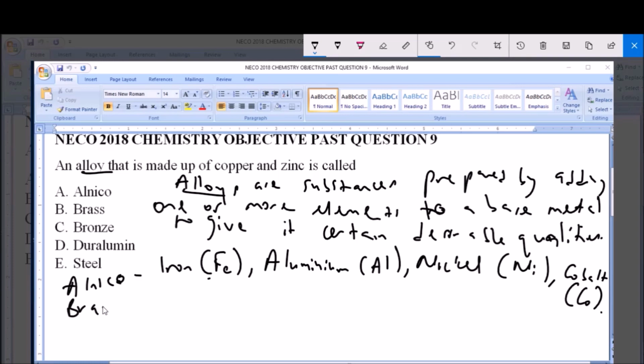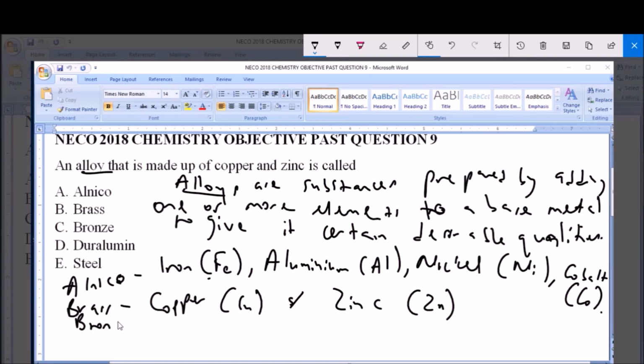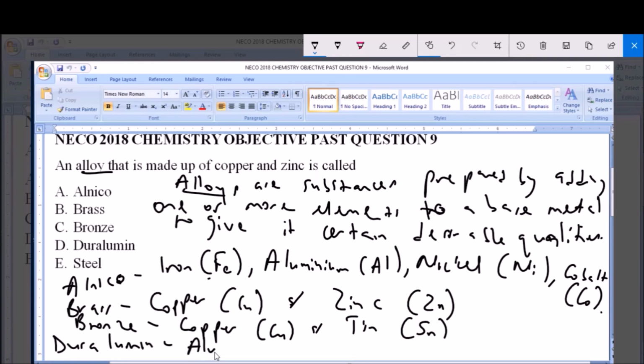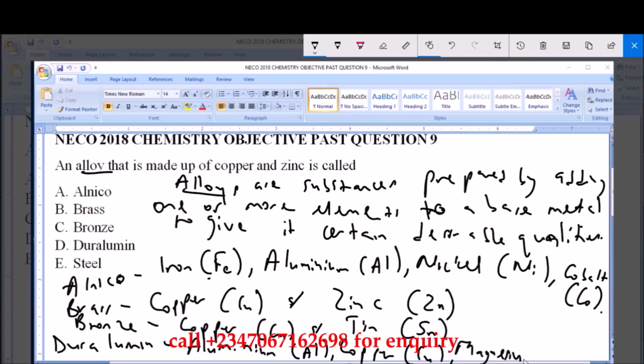Now brass is made up of copper and zinc. Bronze is made up of copper and tin. Duralumin is made up of aluminium, copper, magnesium, and manganese.